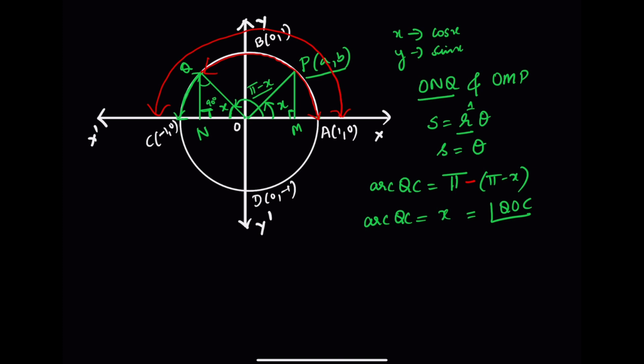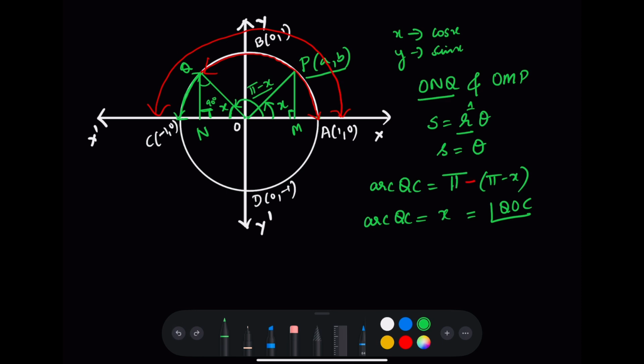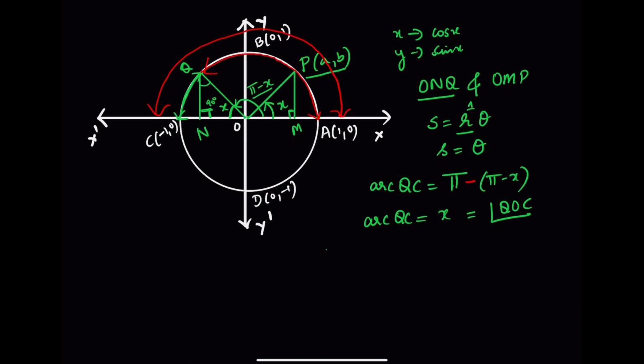So this meets the criteria of triangle congruency, which is RHS. Please refer to video number 2, where you will understand the 4 rules when two triangles can be considered as congruent.